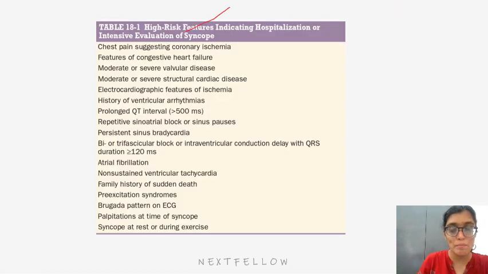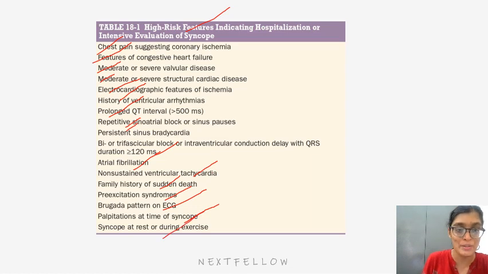In what cases of syncope should you hospitalize the patient? These are the high-risk features indicating hospitalization or intensive evaluation in case of syncope: chest pain suggestive of coronary ischemia, features suggestive of congestive heart failure, moderate or severe valvular heart disease, moderate or severe structural cardiac disease, ECG findings suggestive of ischemia, history of ventricular arrhythmias, prolonged QT interval greater than 500 milliseconds, repetitive SA nodal block or sinus pauses, persistent sinus bradycardia, bi- or trifascicular block or intraventricular conduction delay with broad QRS complex, atrial fibrillation, non-sustained VT, family history of sudden cardiac death, pre-excitation syndromes, Brugada pattern on ECG, palpitations at the time of syncope, and syncope at rest or during exercise.